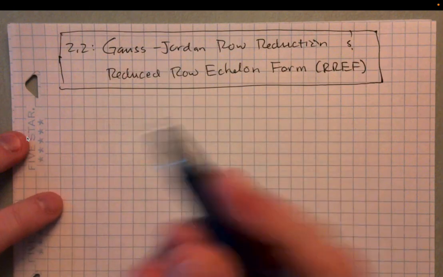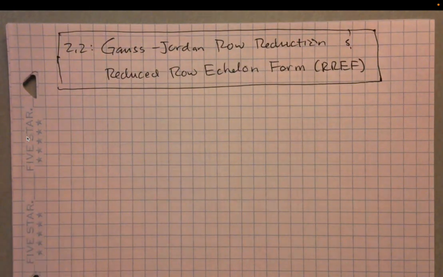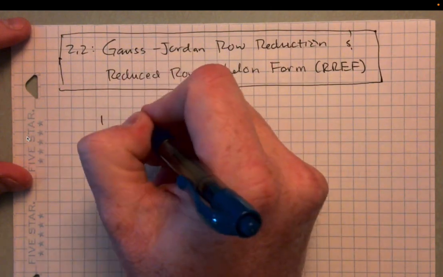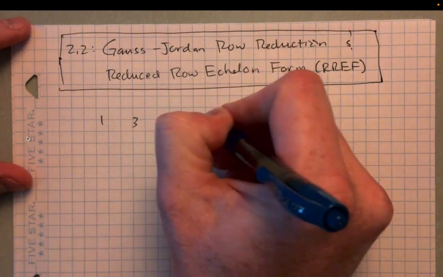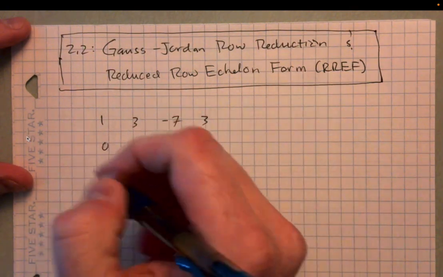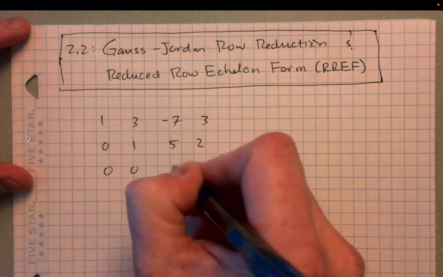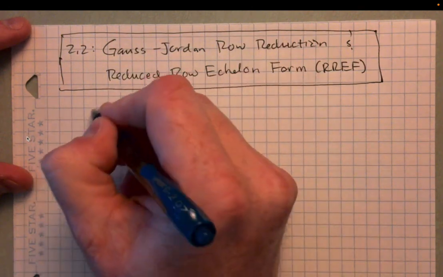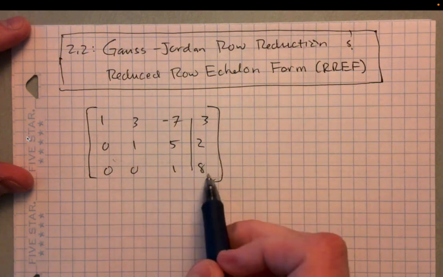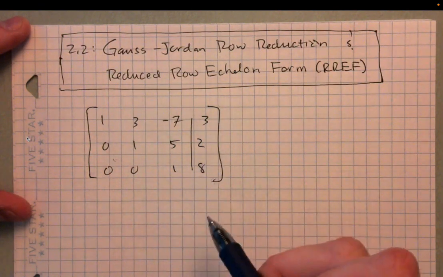The end result of that process would be matrices that had a particular form, like the following: 1, 3, -7, 3, 0, 1, 5, 2, 0, 0, 1, 8. Remember this is an augmented matrix, so we had our coefficient matrix over here together with our scalar matrix over here.